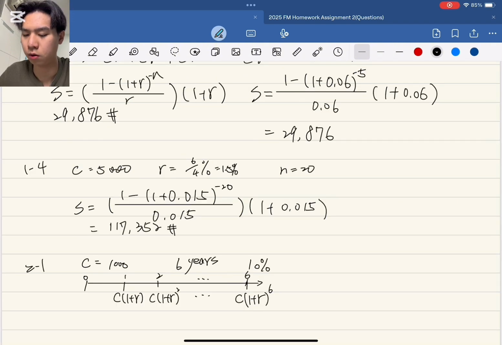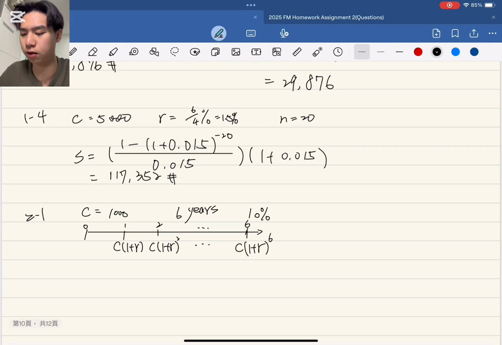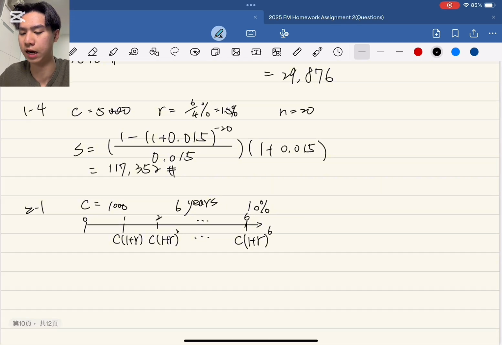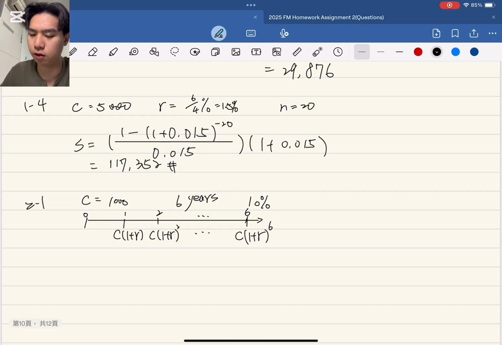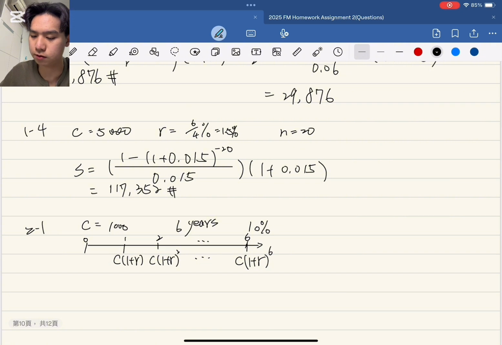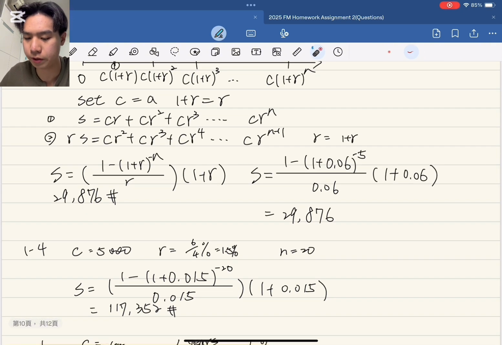Let's go on. We can use the formula as in number 4, as in number 3. This formula, and we can list it.